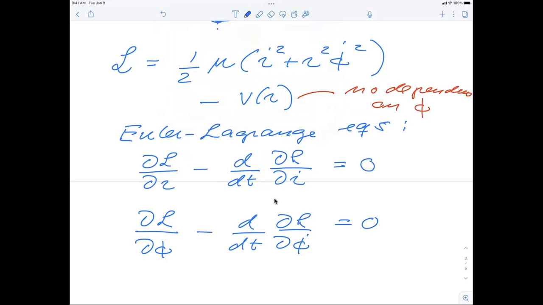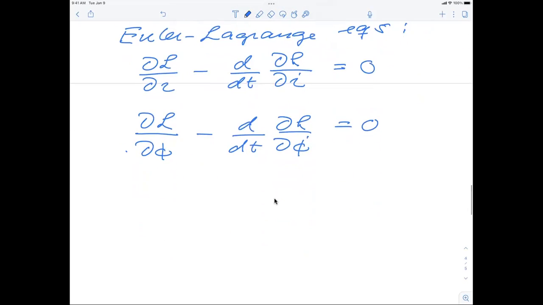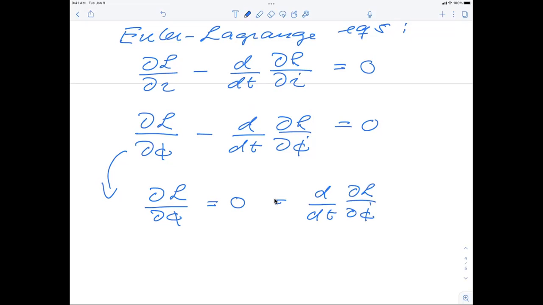So the partial derivative of the Lagrangian with respect to phi is equal to 0. In the last equation, dL/dphi is equal to 0, and this means that d dt of dL/d phi dot is equal to 0.